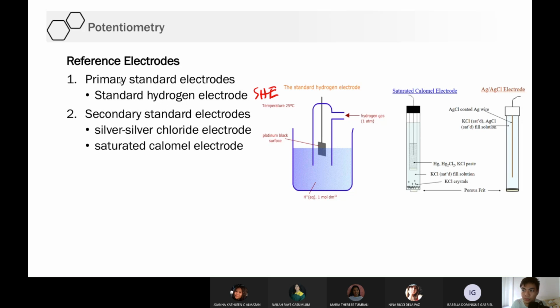For the secondary, we use the calomel, or the silver chloride, or the saturated calomel electrode. So that's their difference. For the primary reference, the SHE, the standard hydrogen electrode. For the secondary reference electrode, we use silver.